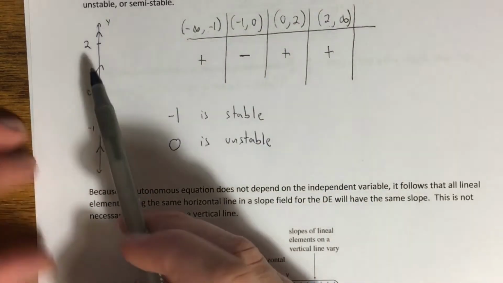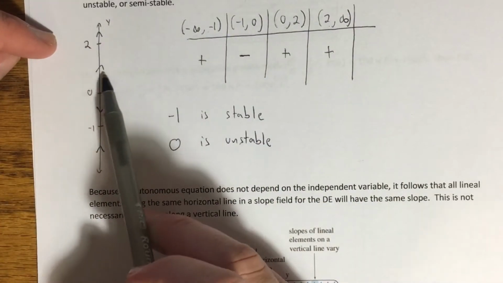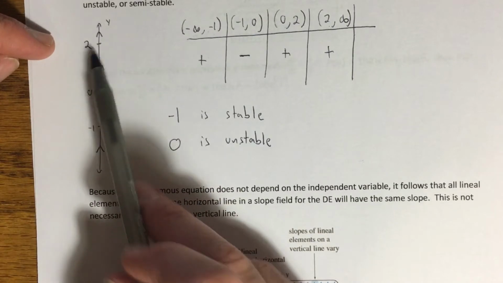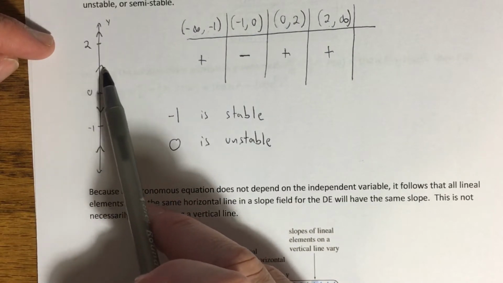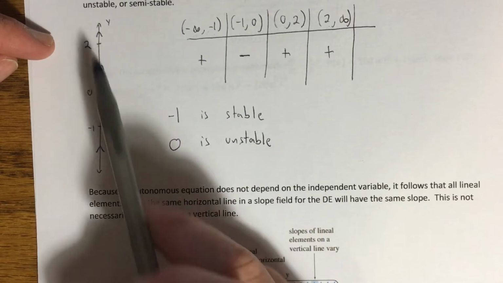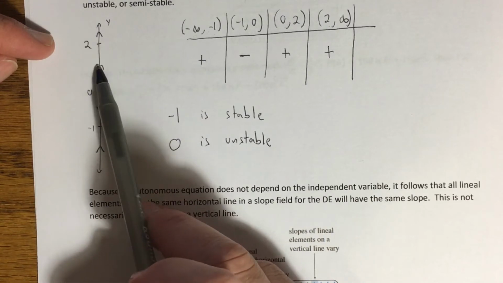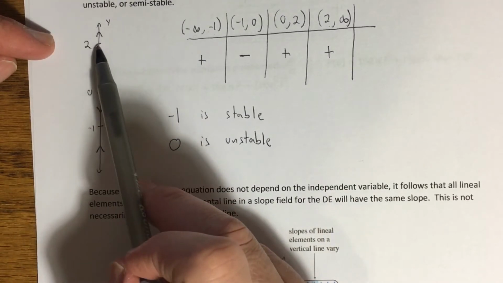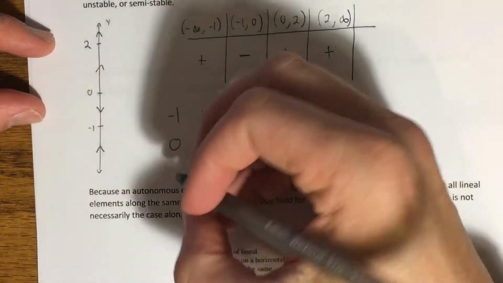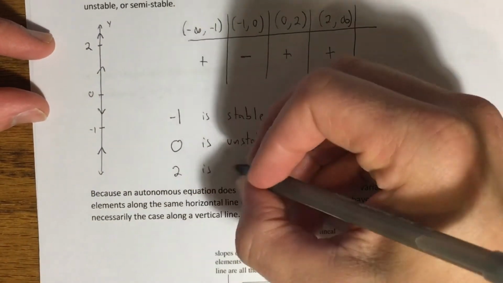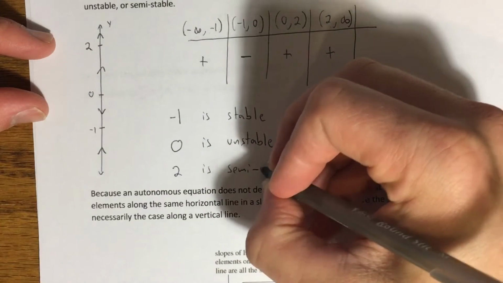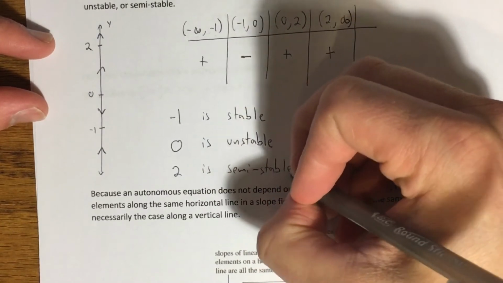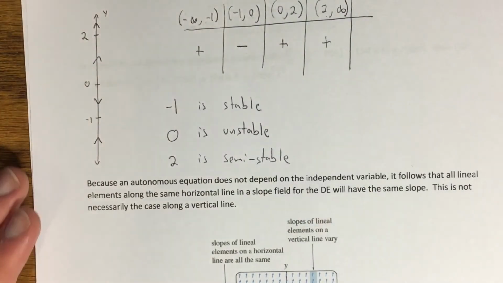Now at my final critical point, 2, below that number, I could see that a solution curve would approach that critical point, but above 2, we're moving away from it, and that's what makes 2 semi-stable. Okay, so that wraps that example up.